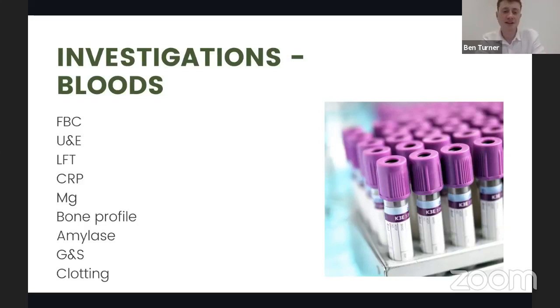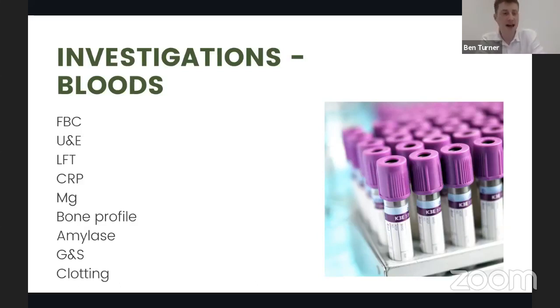Every surgical patient should have an amylase, or every acute abdomen should have an amylase, and that is to rule out pancreatitis mostly. You'll find with general intra-abdominal pathology and intra-abdominal sepsis that the amylase is raised, okay? It's quite a non-specific marker in terms of that, but it won't be raised to this level we talk about of 3 to 5 times the upper limit of normal, which is diagnosis of pancreatitis.